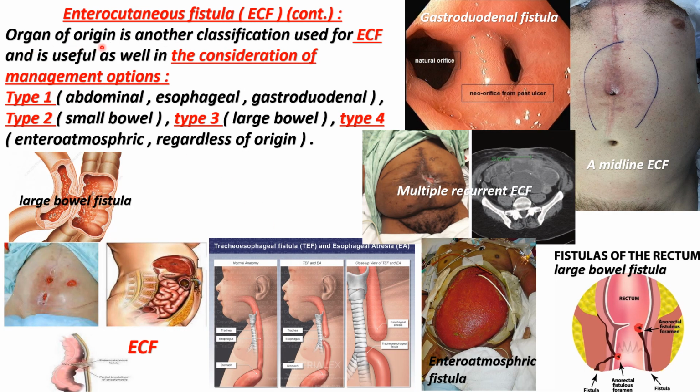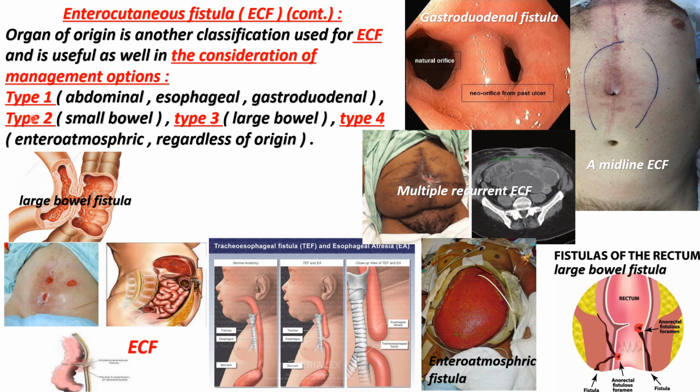Organ of origin is another classification used for enterocutaneous fistula and is useful as well in the consideration of management options. Type 1: abdominal esophageal, gastroduodenal. Type 2: small bowel. Type 3: large bowel fistula.